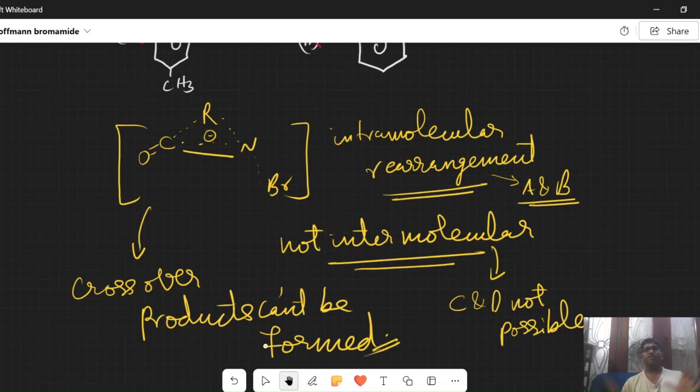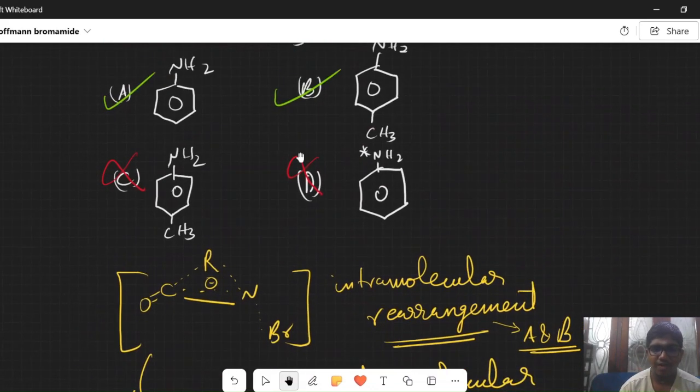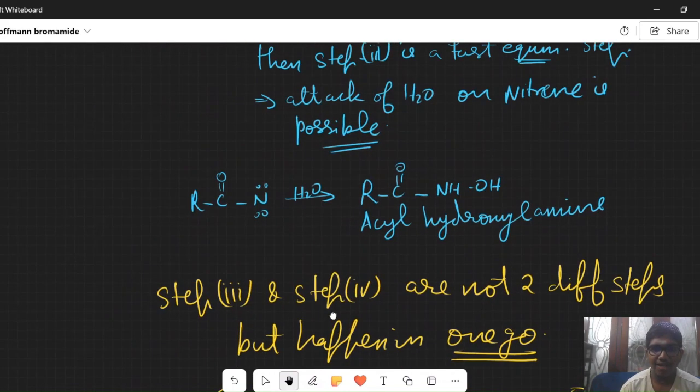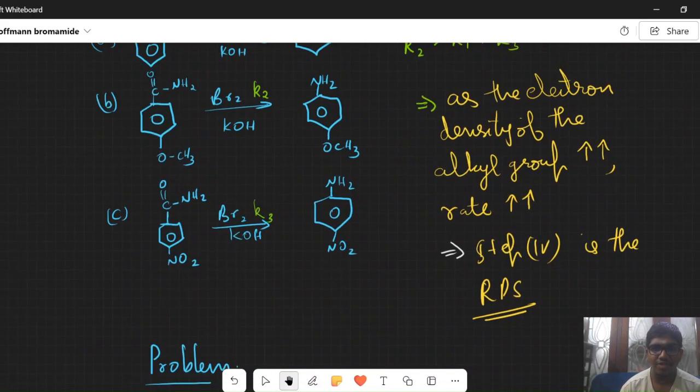So this was the final step. This is how we determined that the cyclic transition state is formed, and third and fourth steps are both combined to form the rate determining step. So what I'll do is I'll go back to the mechanism and I will mark the third and fourth steps to be the same.